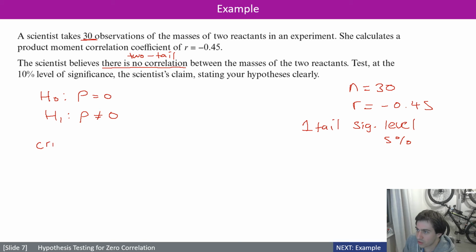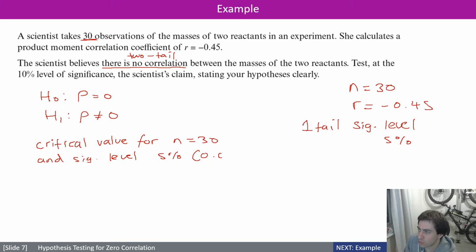The critical value for n equals 30 and a significance level of 5%, which is 0.05, if you look that up in the table, and I suggest you do to confirm this makes sense, is 0.3061 apparently. I'm going from the textbook on this, so hopefully that is the case.